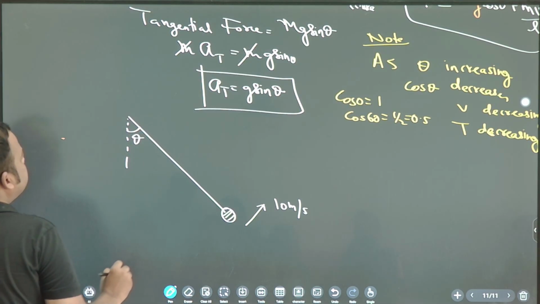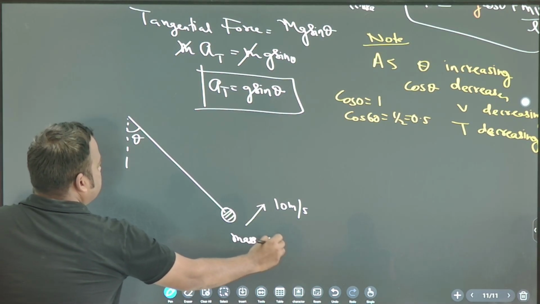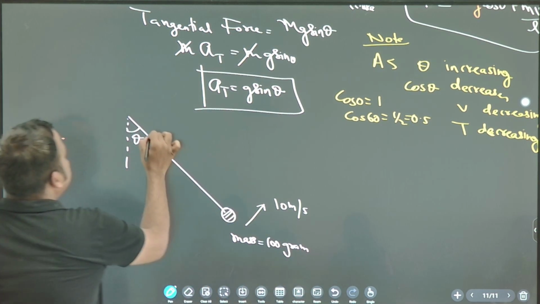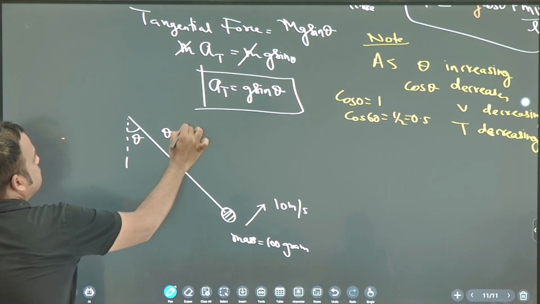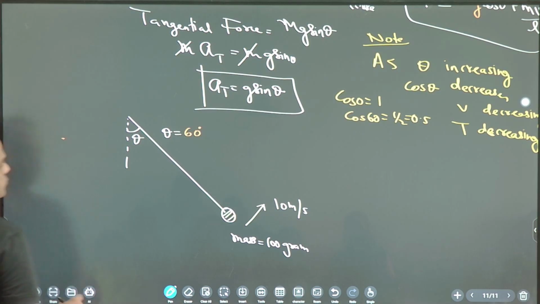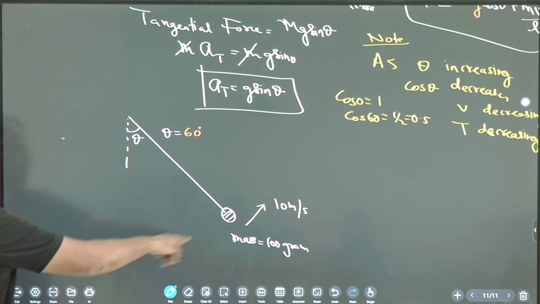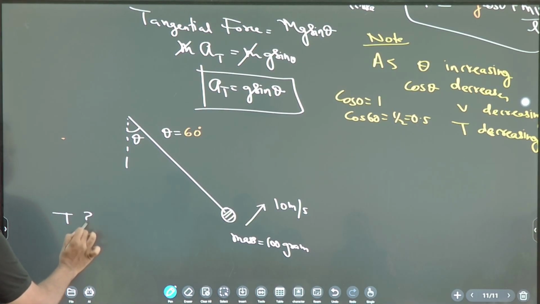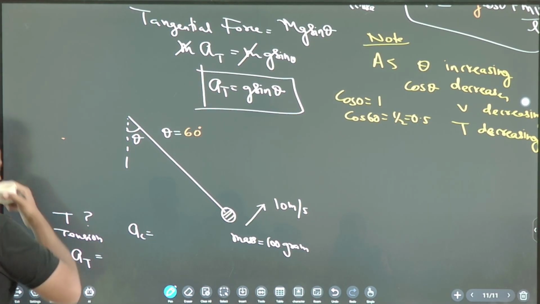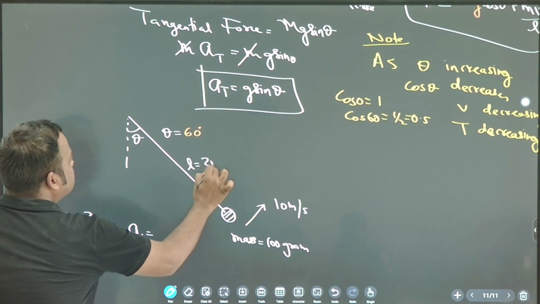Theta is given as 60 degree, mass is 100 gram, and length is 2 meter.